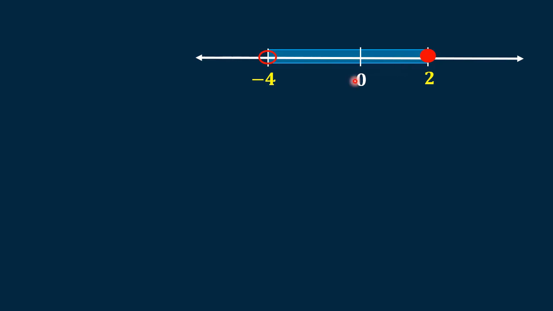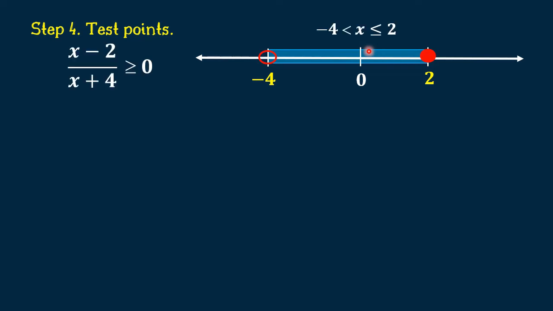Next, we have the last interval, which is between your critical points. This has values which are greater than -4 but less than or equal to +2. So again, notice that 2 is included.